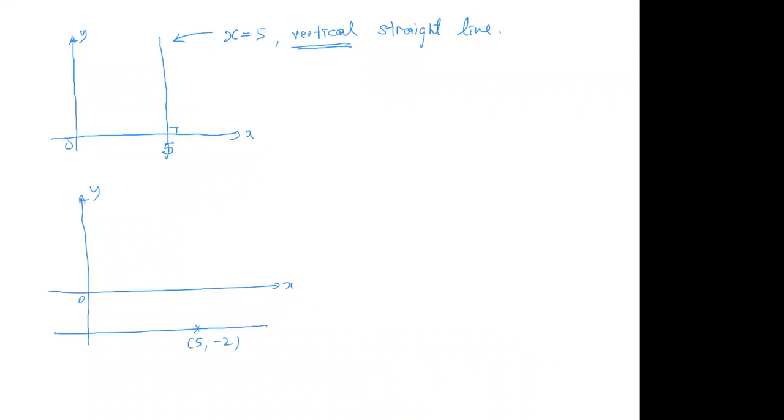Okay, what is the equation of this straight line? Do you need to use y equal to mx plus c? No need. Can you please tell me what is the equation of this horizontal straight line? y equals -2. Yes.